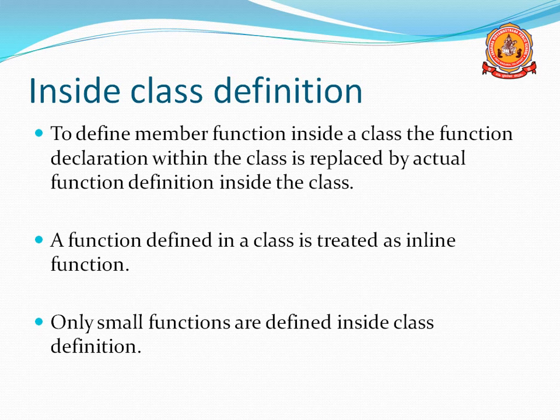You should write the actual function code inside the class definition. No need to declare once again. In the place of the declaration, you write the complete code of the function. A function defined in the class is treated as an inline function. Remember, inline function. What is an inline function, we are going to discuss later.